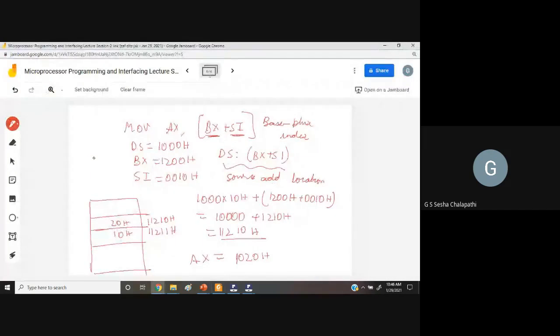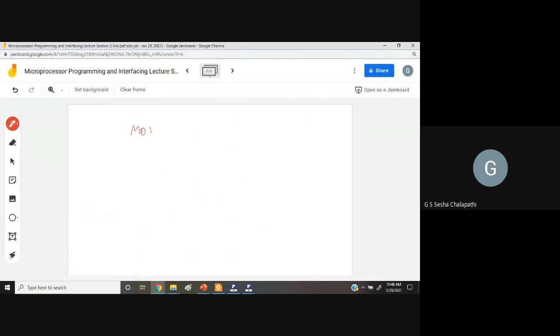Let us say I have MOV AX, BP plus SI. When I have BP plus SI, BP will now provide the base, and SI will provide the index.